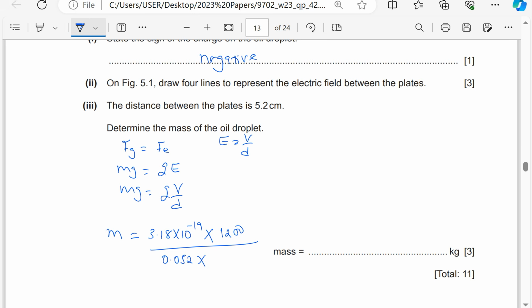Then times g, and g is 9.81. This means m is equal to QV over gD.